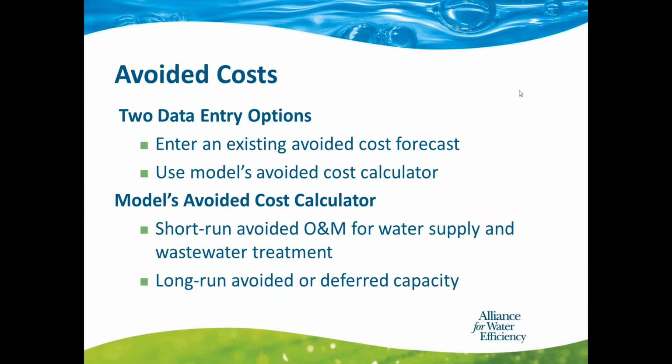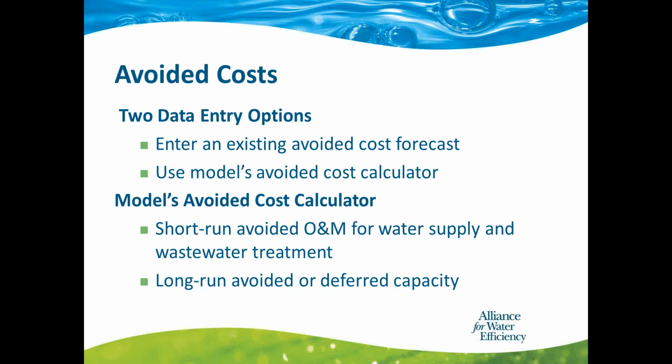Following the entry of the demand forecast, we enter information related to our avoided costs. This is a very important piece of using the tracking tool, and it's good to take time here to get the avoided costs correct. This is where we see what the value of saved water essentially is. So we have two options here.